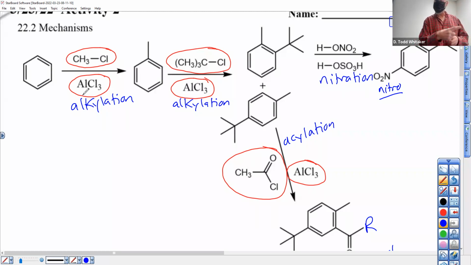I'll do a demo in Orgo 1 lab where I take aluminum chloride and add water to it. And it smokes. And I do it in the hood because if you smelled it, you'd smell HCl being formed, and that burns your nose. You don't want that. So it's nasty.